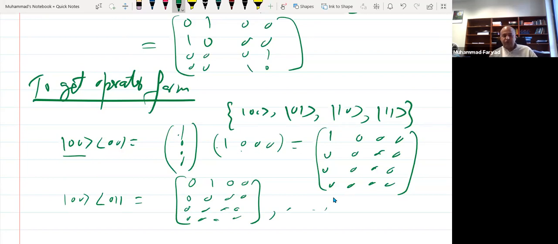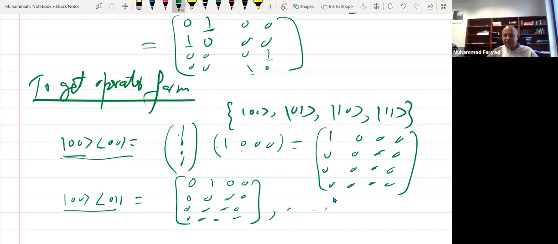I will have to work out 16 outer products of all possible combinations of these states. And then I see, okay, this term corresponds to this term, and this corresponds to |01><00|. Similarly, this will correspond to something, and I will be able to express it in the outer product form.